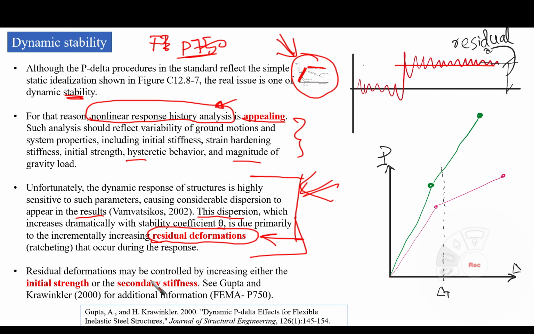Residual deformation may be controlled by increasing either initial strength or secondary stiffness, and this is given in detail in this paper. It's a very important paper by Gupta and Krawinkler, and I think it gives very good details about the issue of dynamic stability for structures and about understanding more about residual deformations.